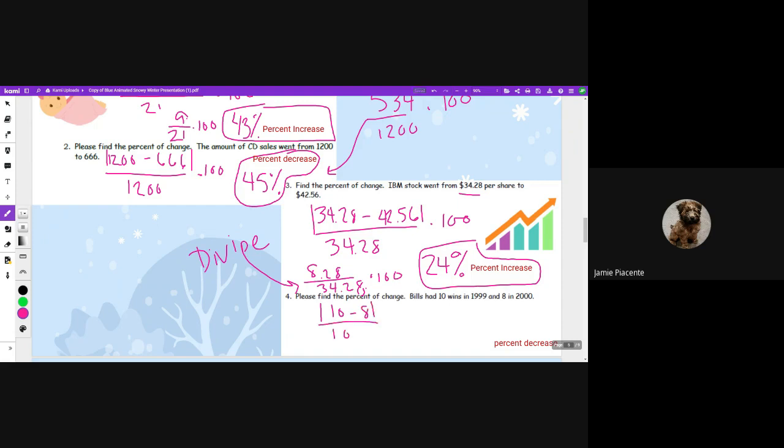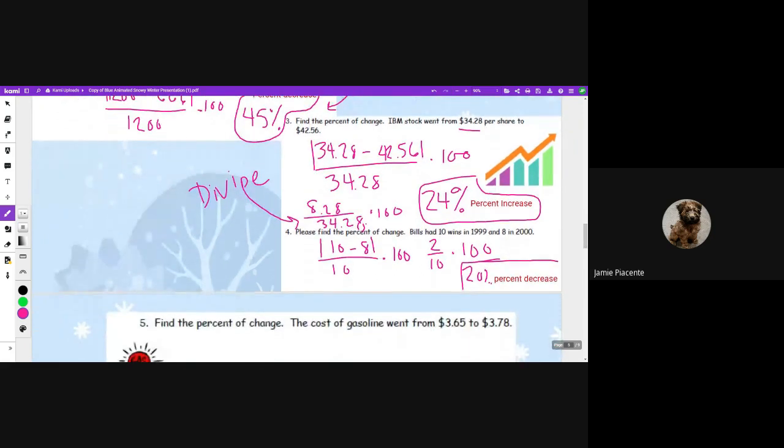My original is 10 times 100. So 10 minus 8 is 2. 2 over 10. And again, that just means to divide. So 2 divided by 10 times 100 gives us 20%. So a 20% decrease.